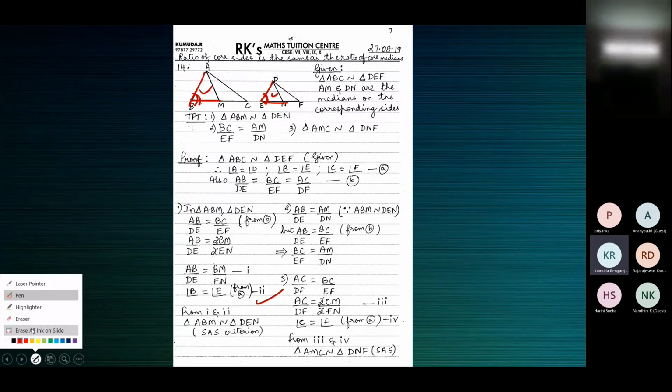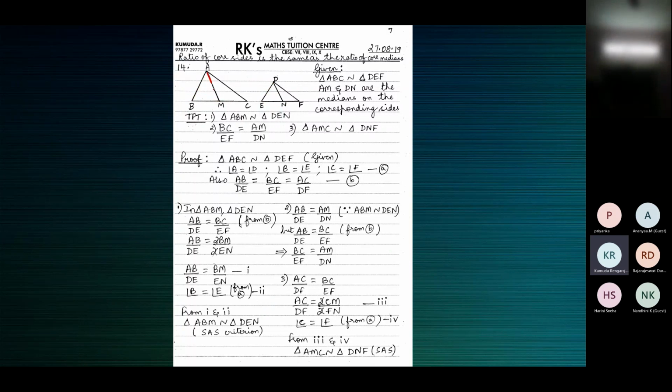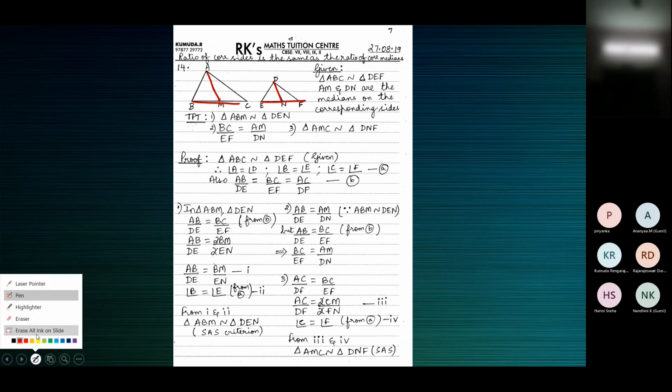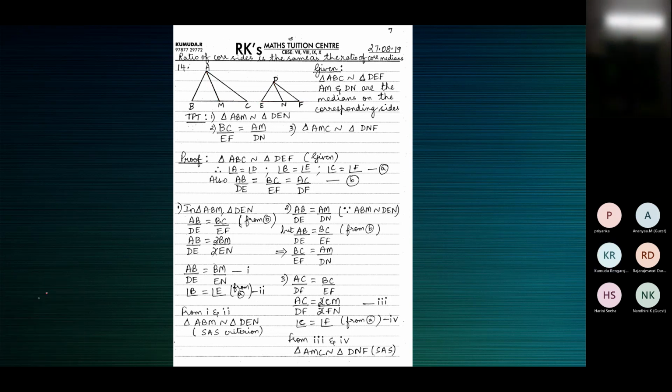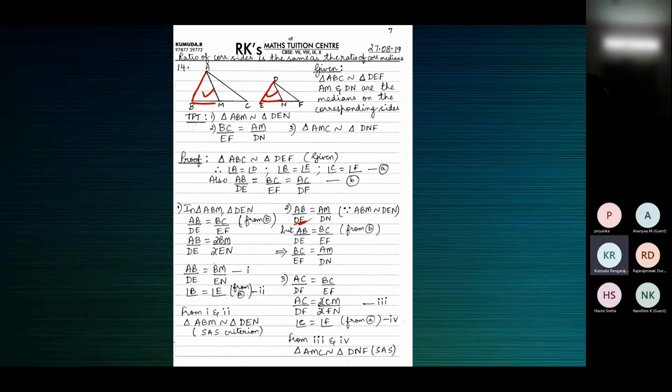Now we'll have to show that AM by DN is equal to BC by EF. That's again simple, because these two triangles are similar. Since these two triangles are similar, we have AB by DE equal to BM by EN. Oh, altitudes we'll have to prove, right? Okay.